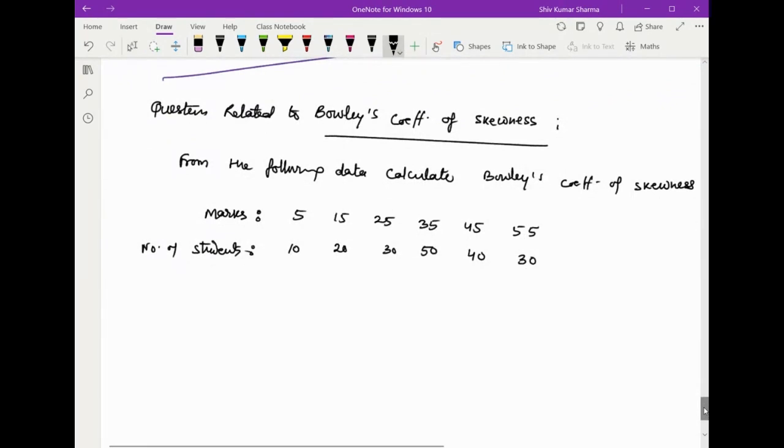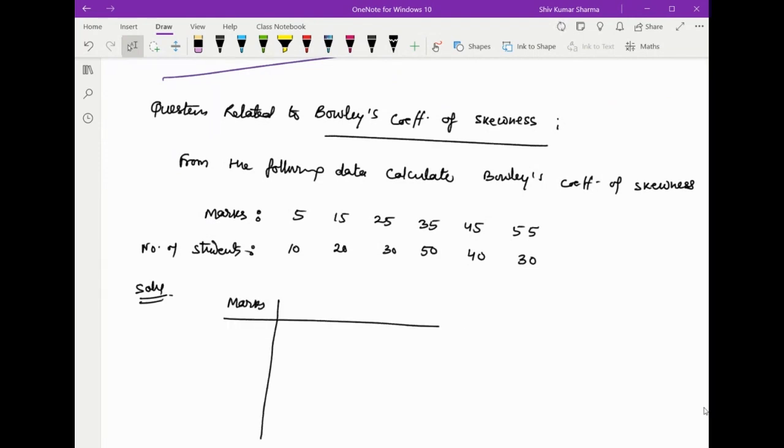So we need a cumulative frequency for this also. We make 3 columns. First column is X, that is marks, second is number of students, denoted as frequency, and the third we calculate the cumulative frequency. So X: 5, 15, 25, 35, 45, and 55.